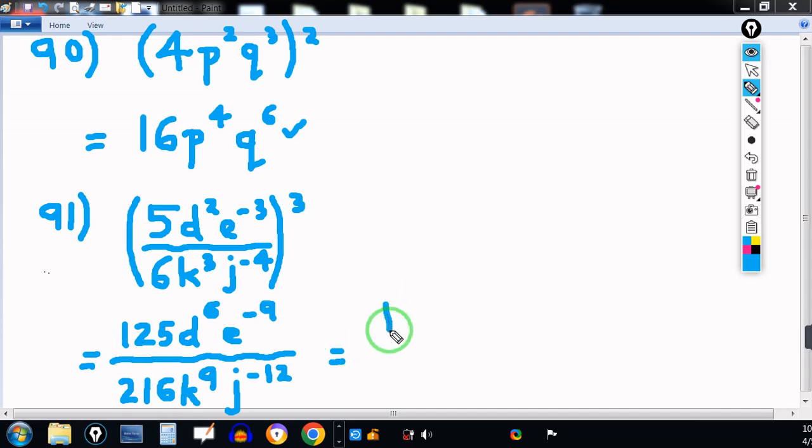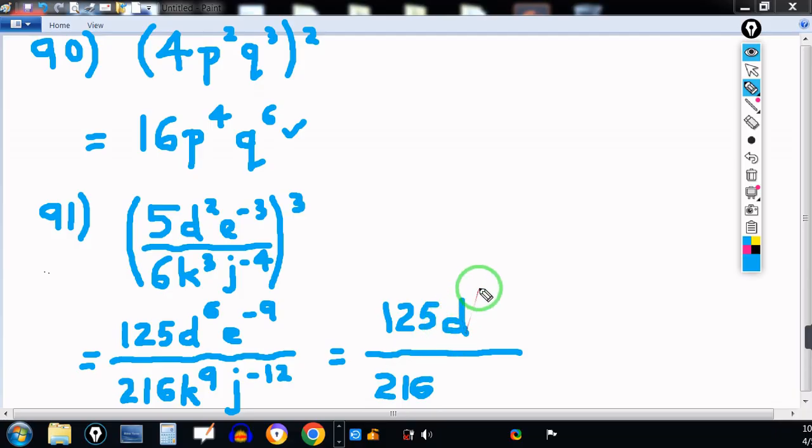Here we modify a little bit. Okay, we write here 125. The division is still the division sign. Downstairs, the number there, 216. The d to the power of 6, we maintain d to the power of 6.